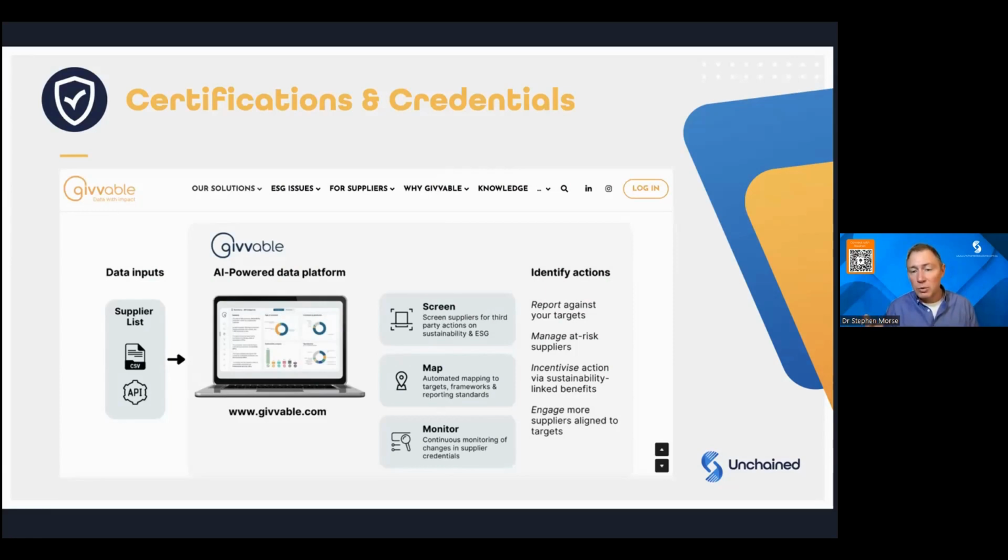It can be another tool to start a conversation with suppliers, to say, we can see that you're rating well in this area, but in order to continue doing business with you, we'd like you to consider doing some due diligence in this area as well, to improve your rating and your credentials, which are being generated through AI on a platform like Givable.